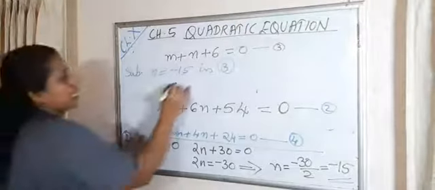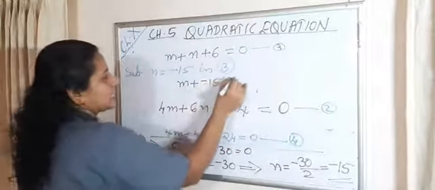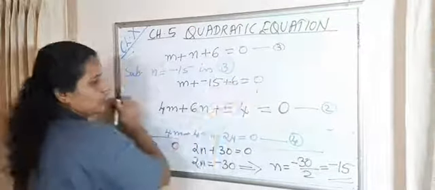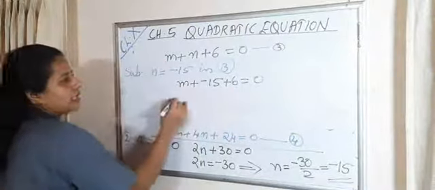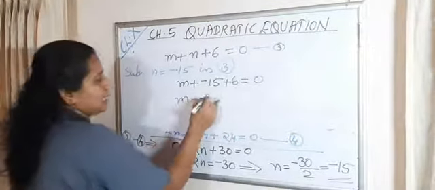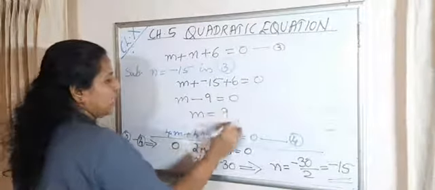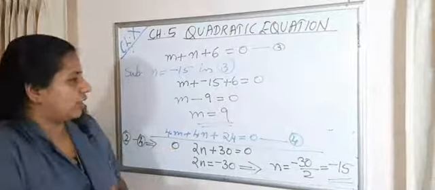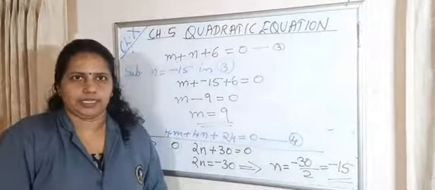That is m plus negative 15 plus 6 is equal to 0. That is m minus 15 plus 6 is minus 9 equal to 0. That is m is equal to 9. Now you got the value of n is equal to negative 15 and m is equal to 9.